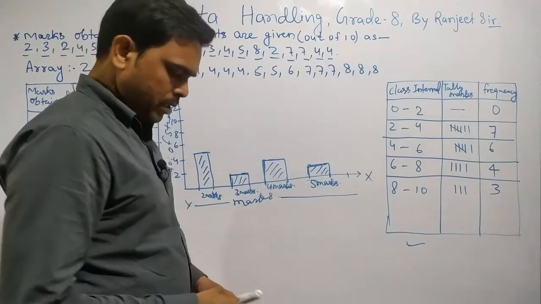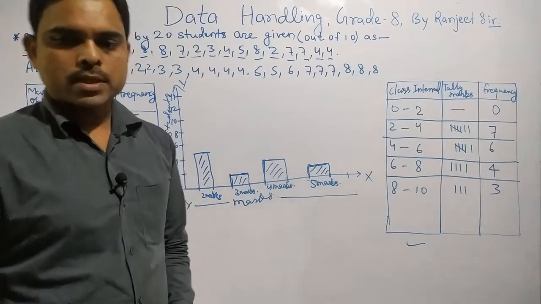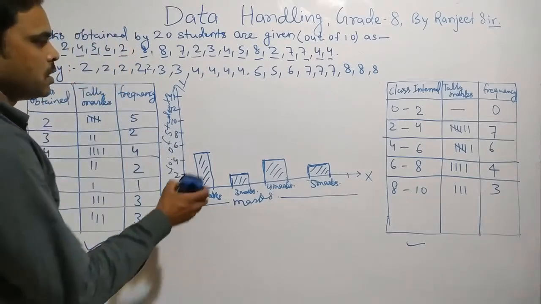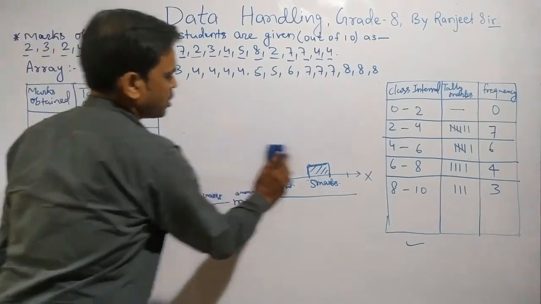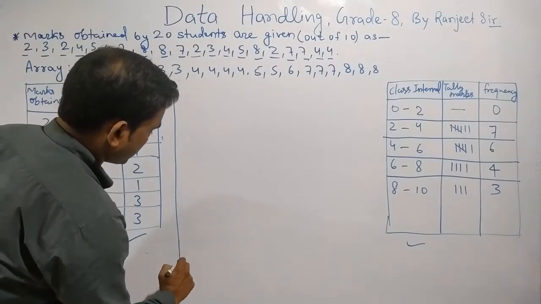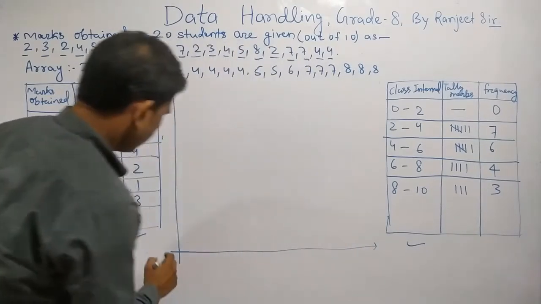Now we will think to construct a histogram also, and for this, as we have less space, I rub it now. I create the same as we have done for the bar graph.